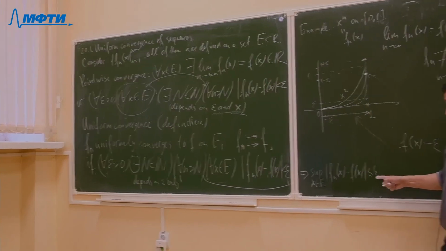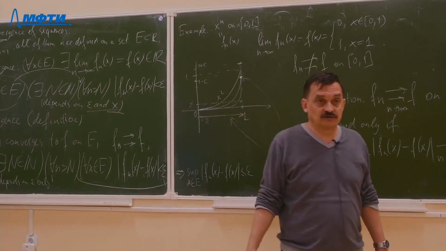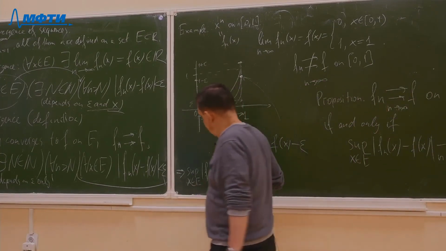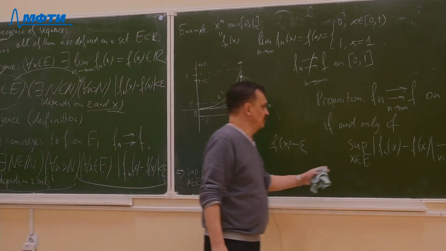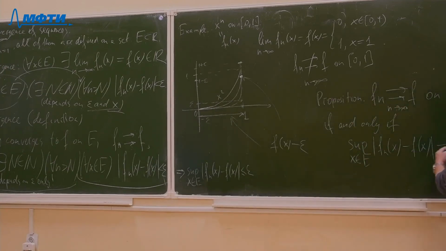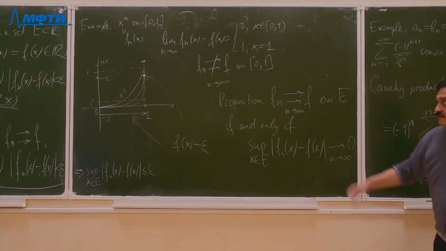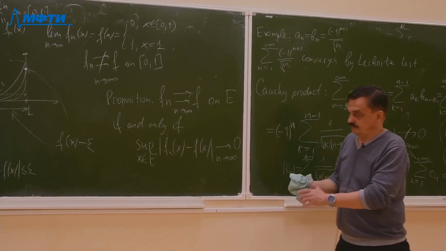But if the supremum is strictly less, then for sure this inequality also holds. Once again, for arbitrary epsilon there exists capital N and so on, they say that we have the supremum tends to 0. Conversely, it is a completely analogous thing.